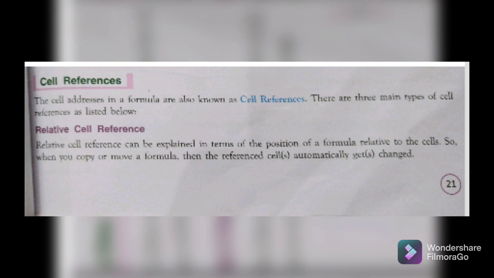Relative cell reference can be explained in terms of the position of a formula relative to the cell, which means when we copy or move it across cells, the relative reference changes based on the position of rows and columns.